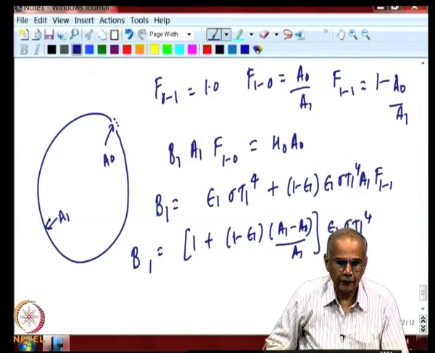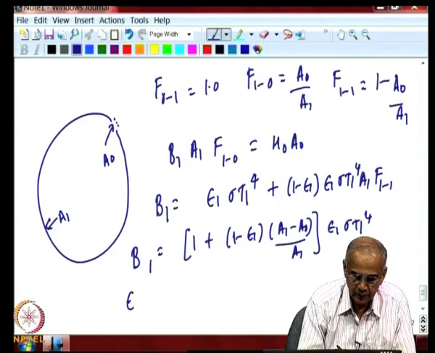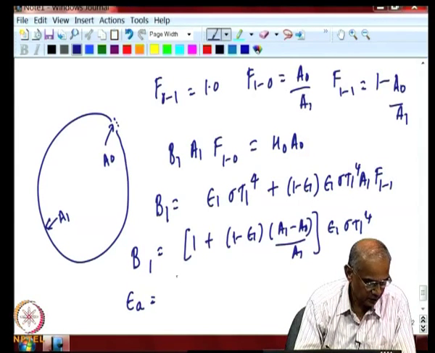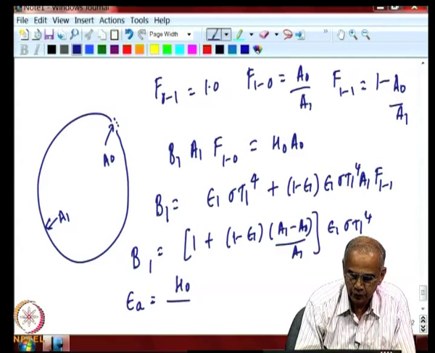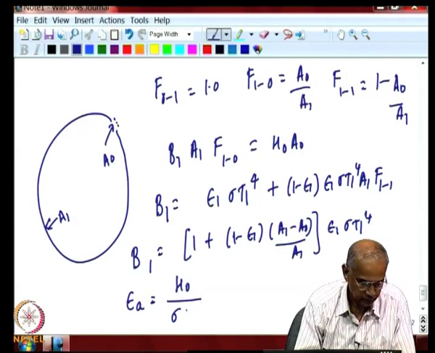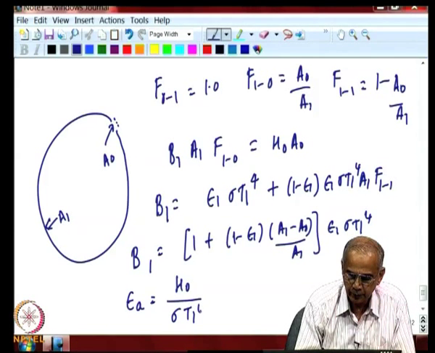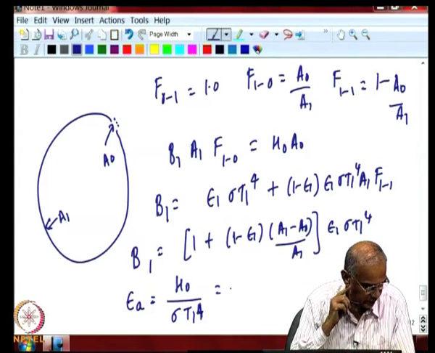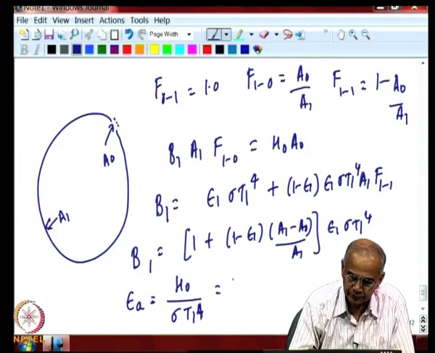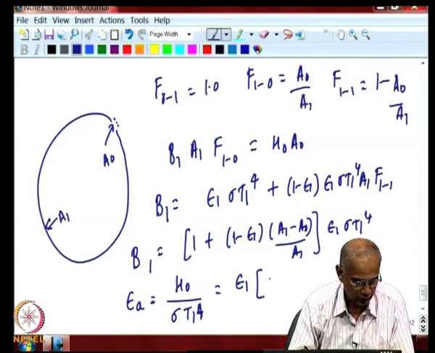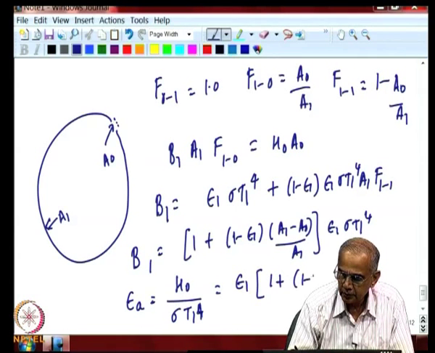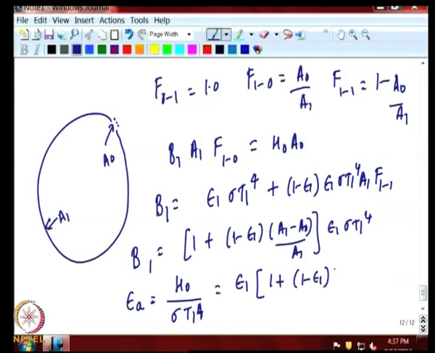So, if you define the effective emissivity of this cavity, epsilon A, the apparent emissivity, as the radiation leaving the cavity, H0, divided by what would leave a black body at temperature T1, and this you can calculate, it comes out neatly as epsilon 1 into [1 plus (1 minus epsilon 1) into (1 minus A0 by A1)].